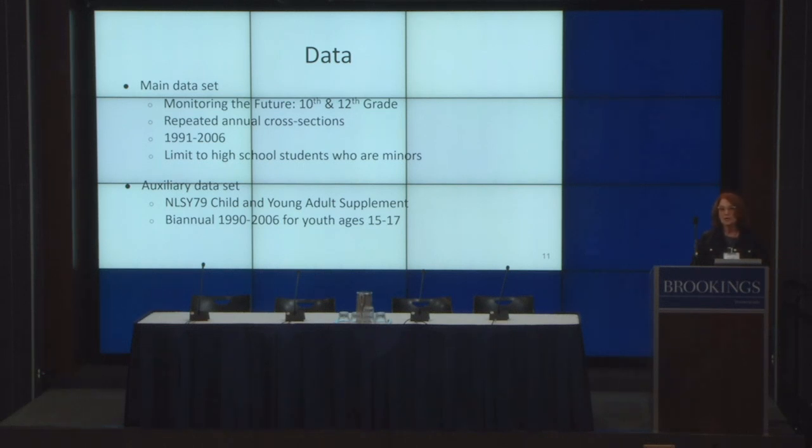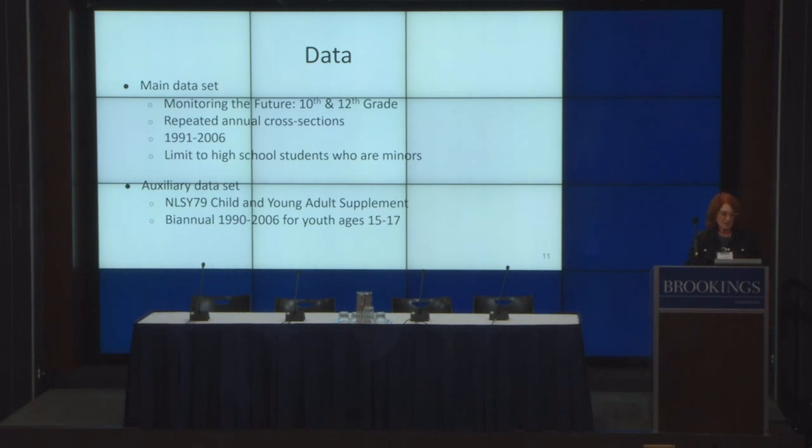And we stopped at 2006 because we didn't want the Great Recession to be conflated with this, and we had enough post-reform years at least to get a first look at this. And we limited our results to minors. I think in the paper we talk about the fact that we expanded it.